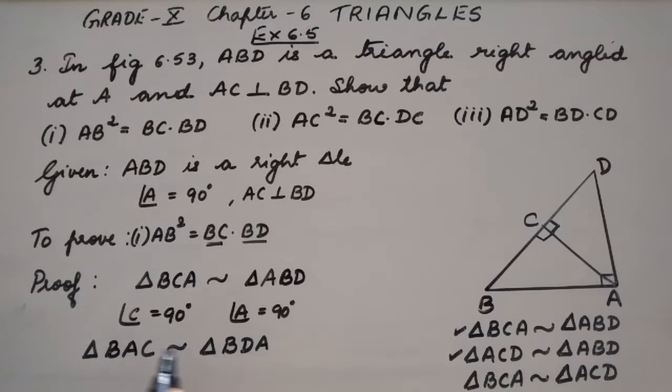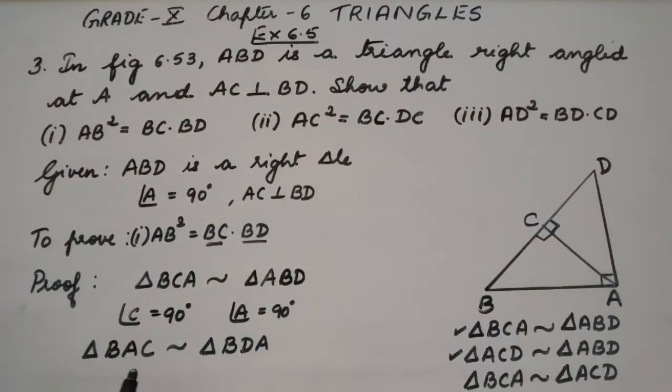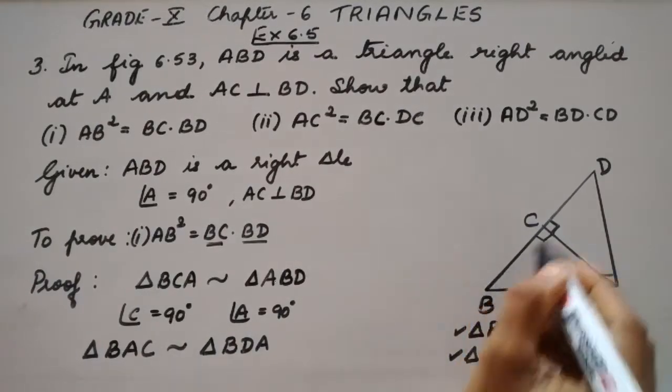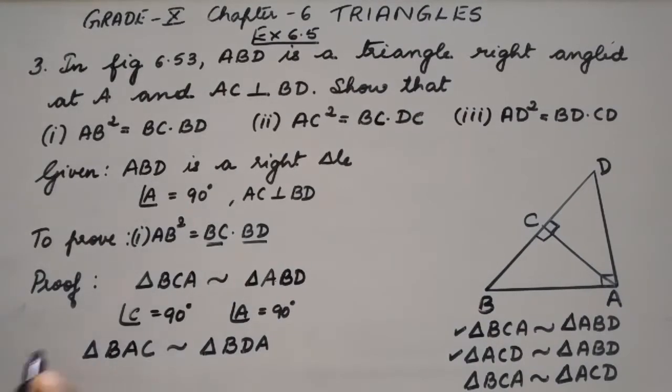Because if triangles are similar, then their corresponding sides will be proportional. We must be very careful while writing the corresponding sides. Here, the hypotenuse BA of triangle BCA should correspond to the hypotenuse BD of triangle ABD.